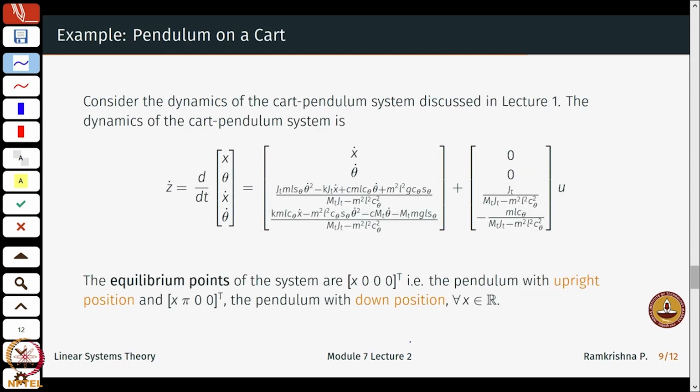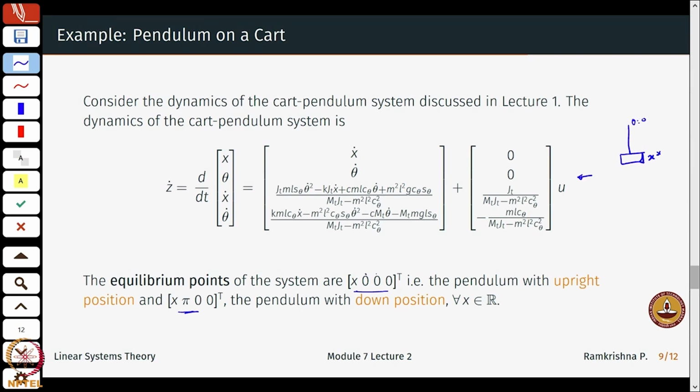Okay, so I just start again with the dynamics of the cart pendulum system, which was discussed in the first lecture. We derived the dynamics to be of this form. It will have certain equilibrium points, right. One is where the pendulum is in the upright position, and the other is with the pendulum in the down position. This is an equilibrium position for any x star. With theta equal to 0, at steady state the velocities will go to 0.